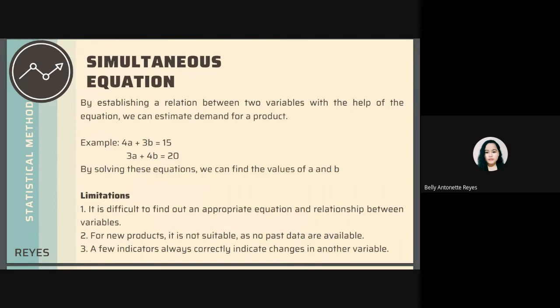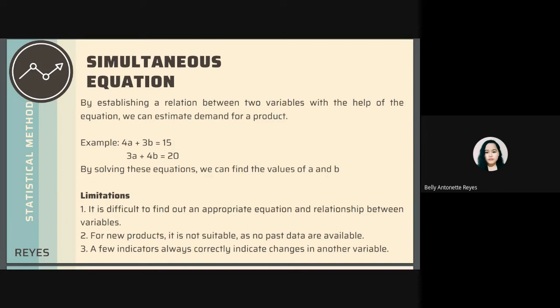This method also has its limitations. First, it is difficult to find out an appropriate equation and relationship between variables. Second, for new products, it is not suitable as no past data is available. So in this case, the simultaneous equation method is not suitable because in order to establish the relationship between the variables, past data regarding the movement of these variables must be available.